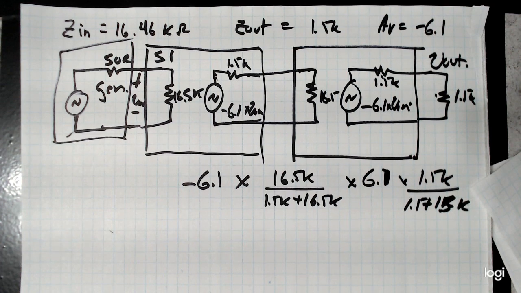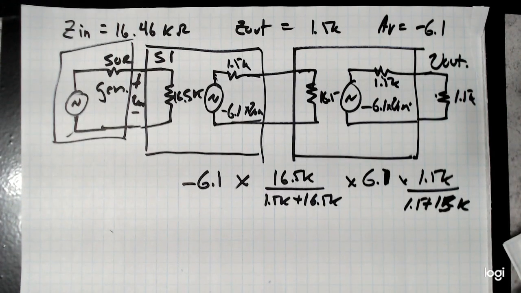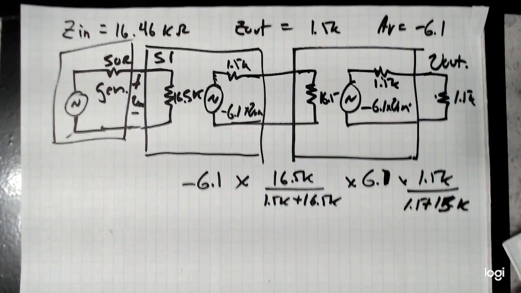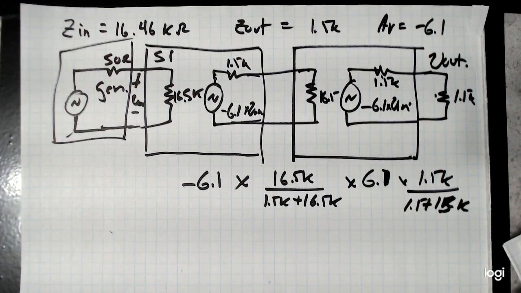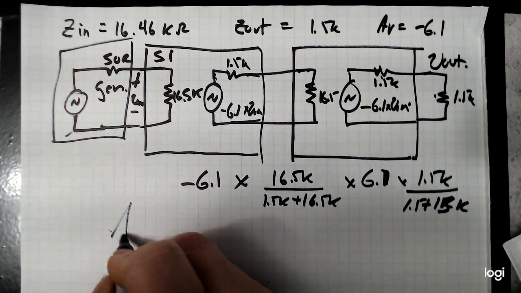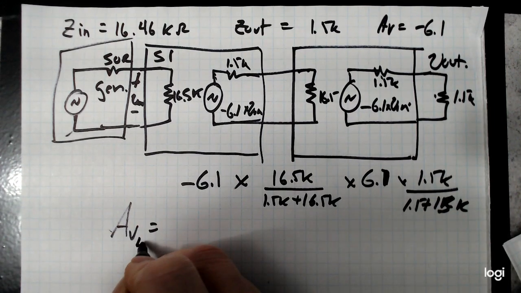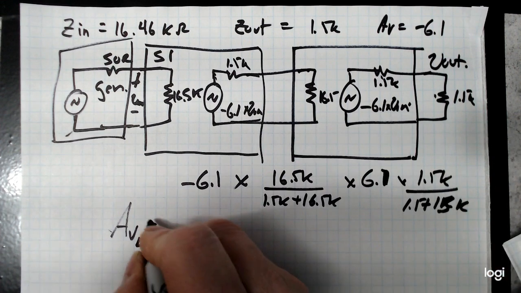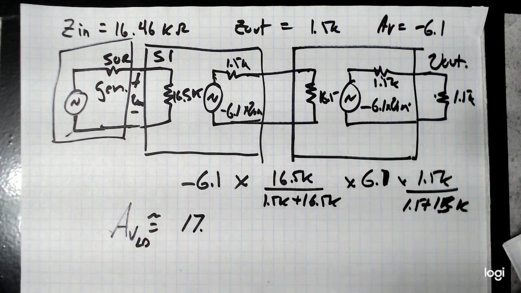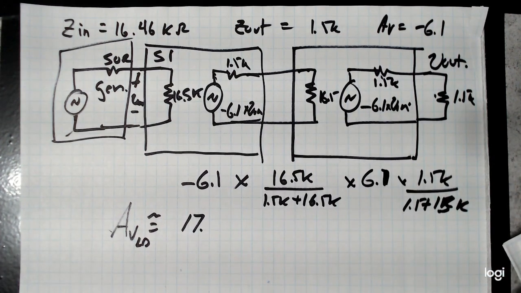Multiply all those numbers out, and I think you come out with a gain of about 17 to 18. So AV loaded with this attached is approximately 17 end-to-end voltage gain.